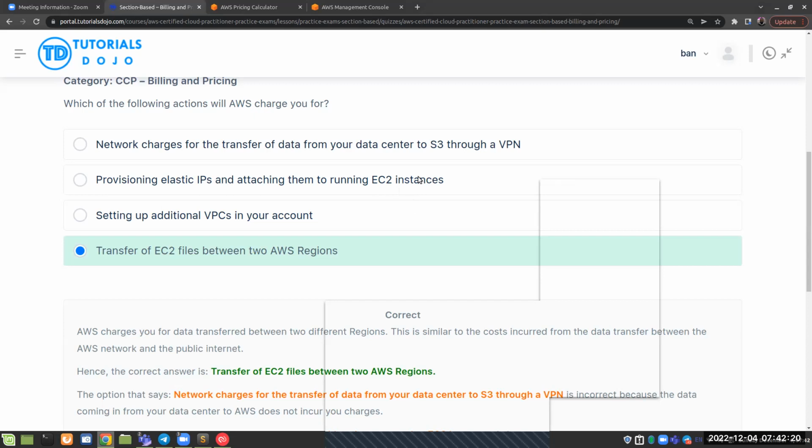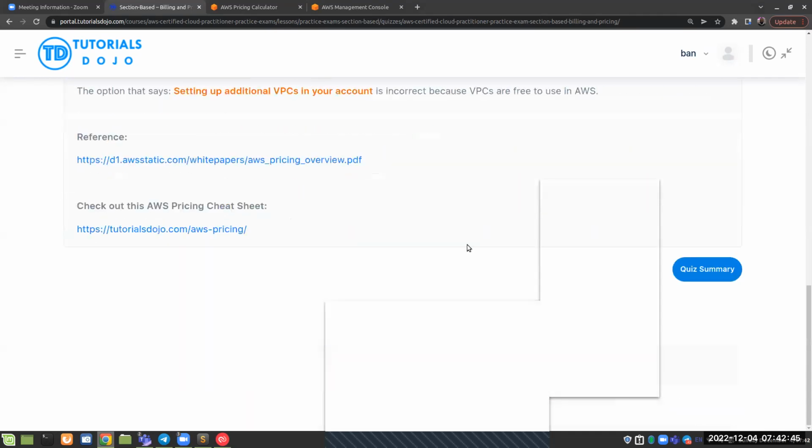That's how you can save costs when you stop an EC2 instance. But as long as it's running, you are charged for the compute because a running instance consumes CPU and RAM. That was a different question. This one was about an elastic IP: when you attach it, you are not charged; if you don't attach it, you are charged.